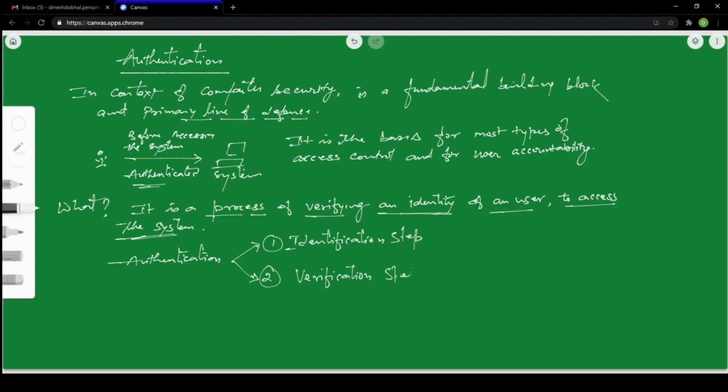The identification step is presenting an identifier or ID, that is the user ID, to the security system.